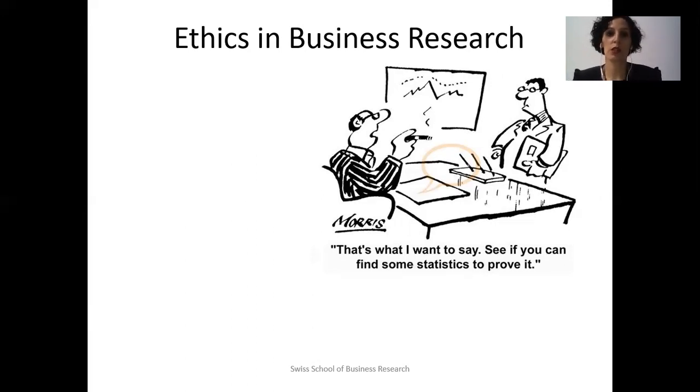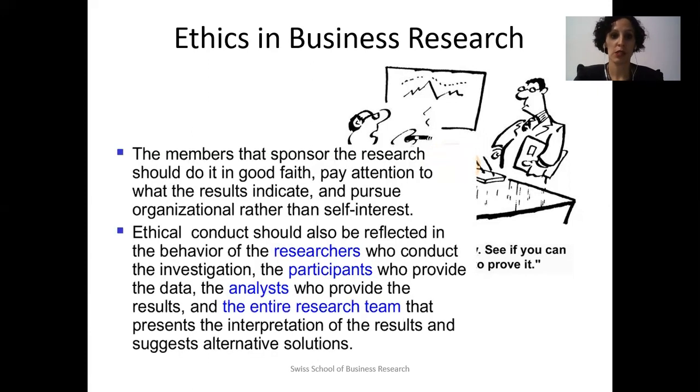So two extremes, the same topic, and on both extremes, we can find information to back us up. So it's very important that in a business organization, when we begin the business research process, we are completely ethical in going about this business research.